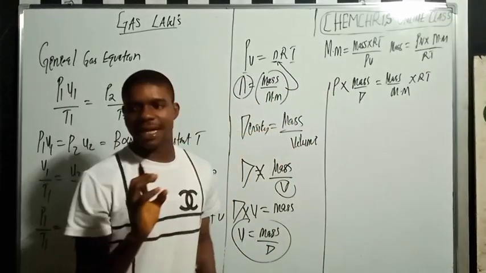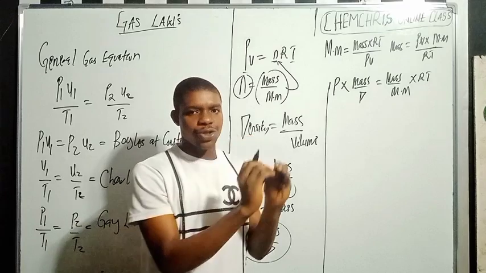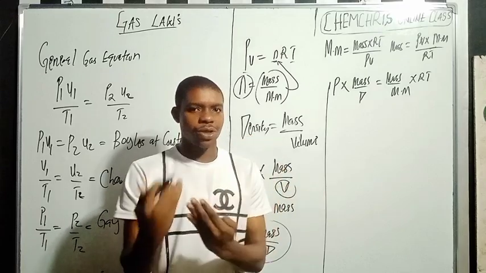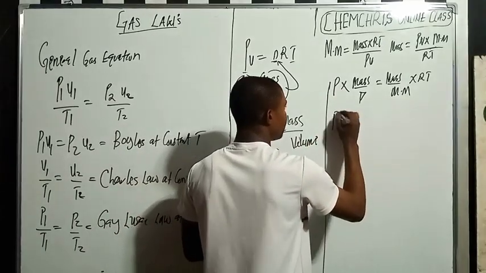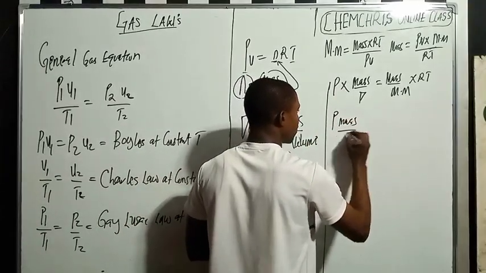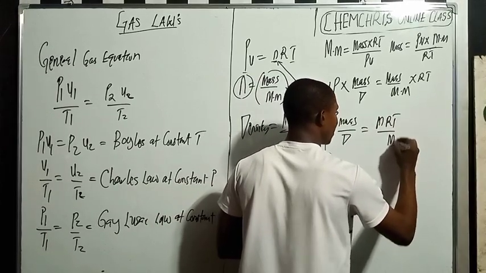Now the idea here is that density should be the subject of the formula. So I have P mass over density equals mass RT over the molar mass.